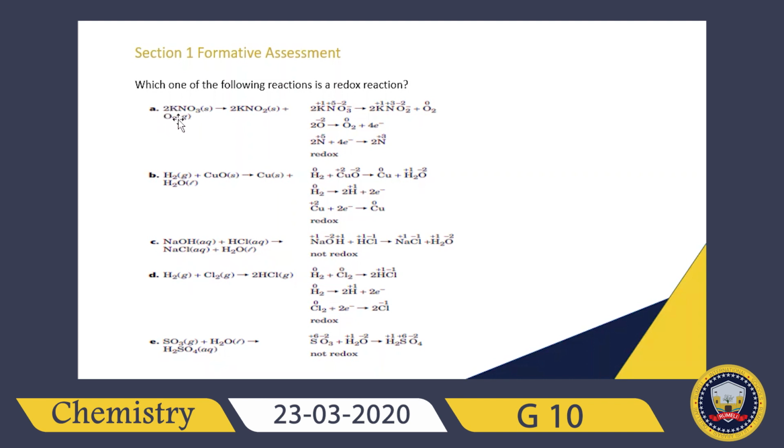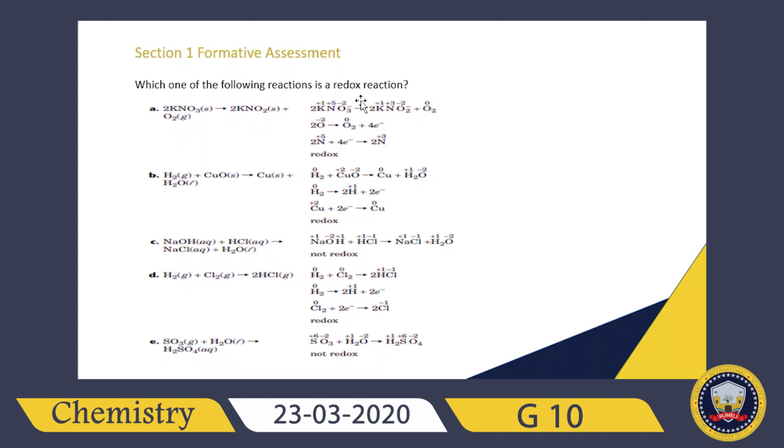Whenever the electronegativity of certain atoms in a compound is equal to each other, the oxidation number of this element should be 0. So the oxidation number of O2 is 0, of N2 is 0, of Cl2 is 0, and so on.